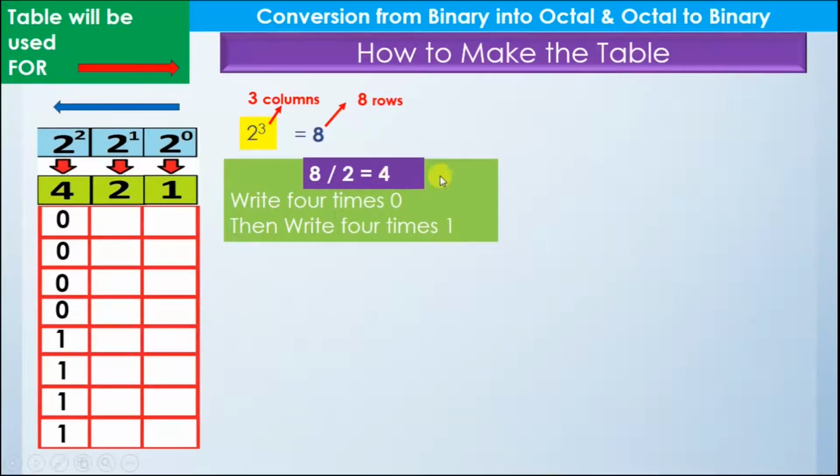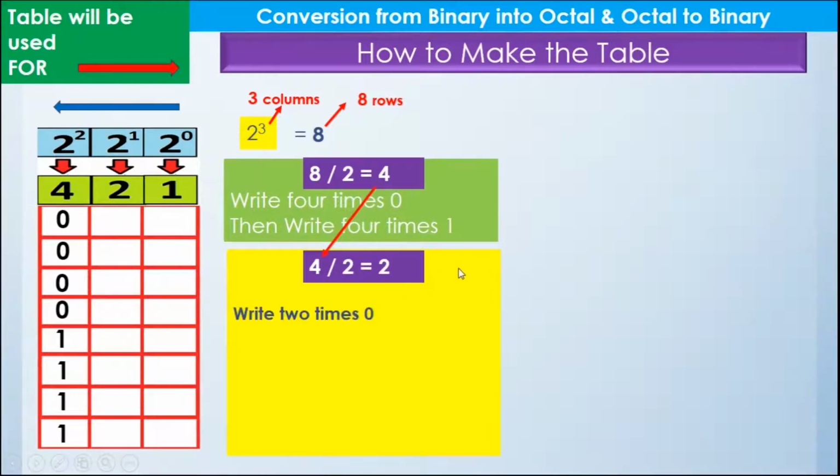Now we take this 4 and divide it by 2. 4 divided by 2 is equal to 2. So we write 2 times 0 in the next column, and then 2 times 1.